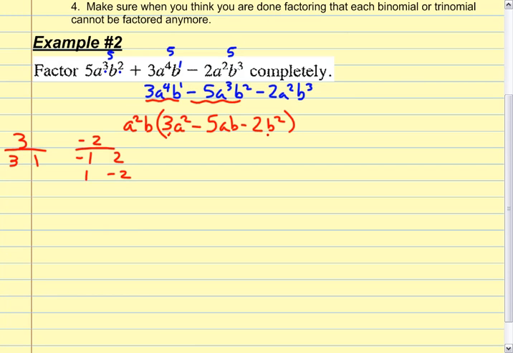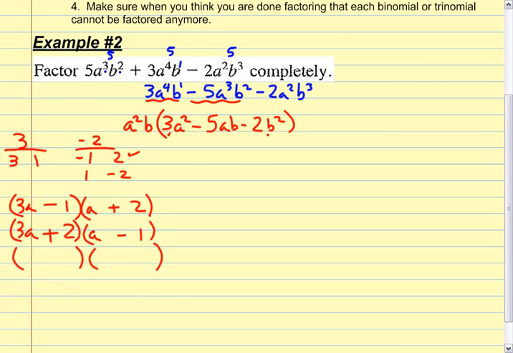Now, here are my different combinations. I know I'm going to have 3A and A, and I can do minus 1, positive 2, or I can flip those, positive 2, minus 1. We'll see what that gives us in just a minute. So I've dealt with that pair.